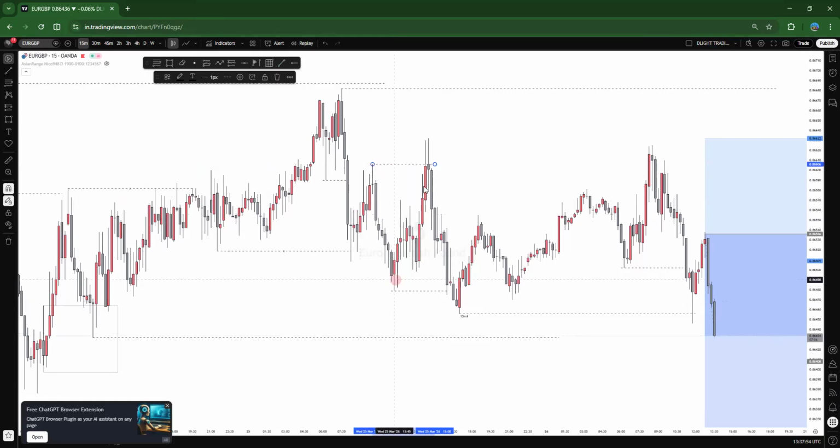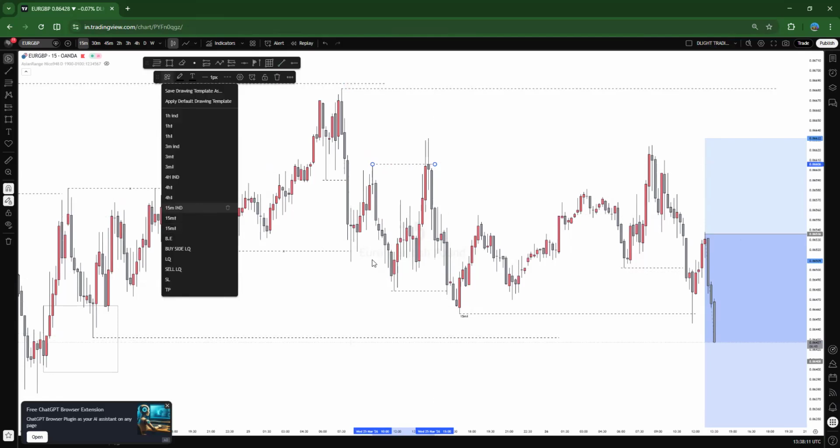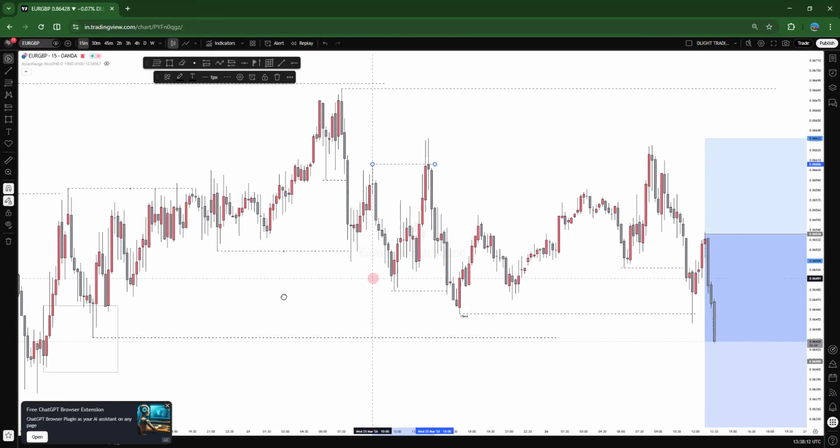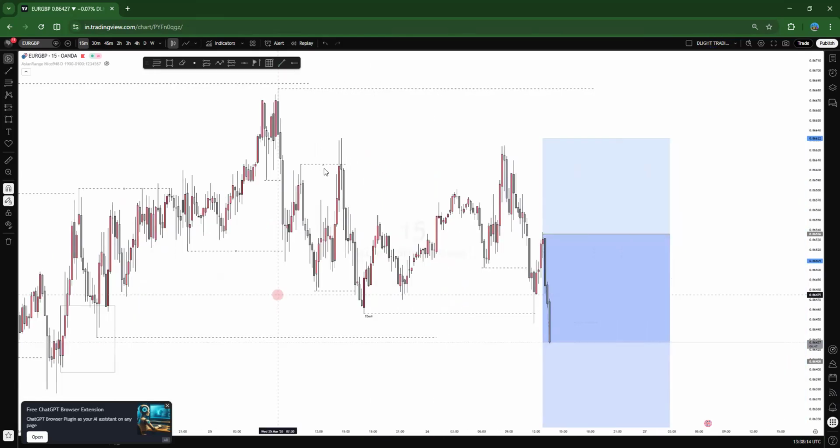Now, if price was supposed to buy to take out this high, after price took this one out, it will give a reaction, then we continue the buy to the outside to take out this particular one. But price did not do that. Price came and took the recent high.